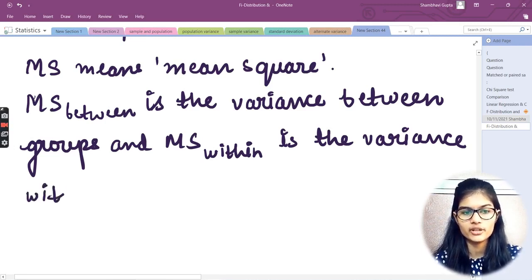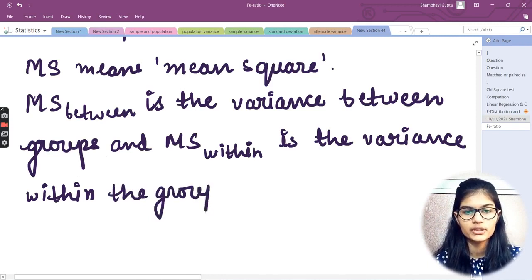Between is almost finished, because we discussed it above. So MS within is the variance within the groups, right?